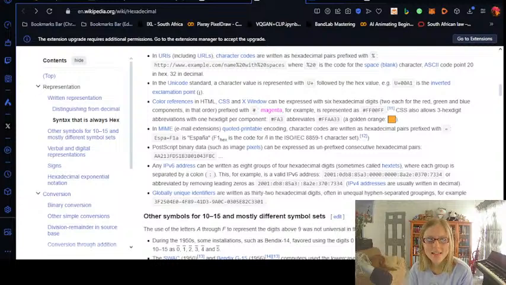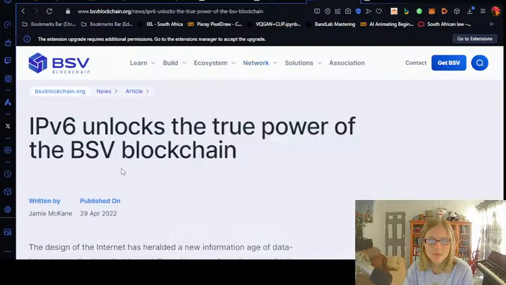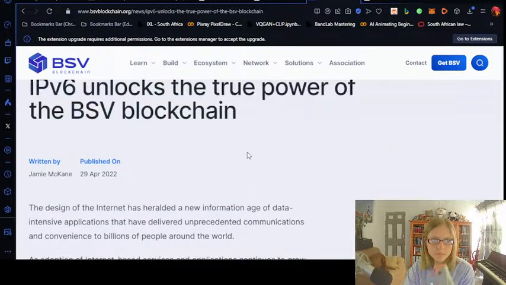And now I'm quite excited to discover that part of Bitcoin SV's vision of scaling is tied to IPv6. So I thought it would be appropriate, now that we know that hexadecimals are applicable, in broadening our knowledge of Bitcoin SV. We now know how IPv6 is relevant and what it actually represents.